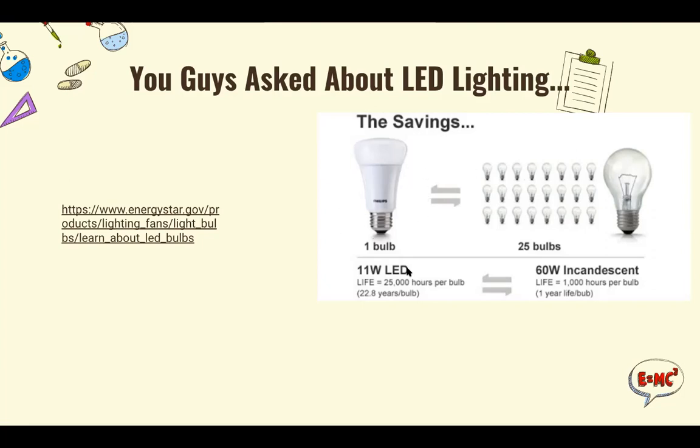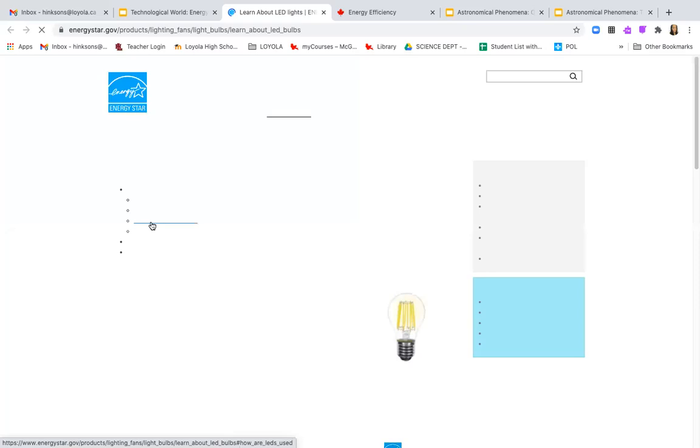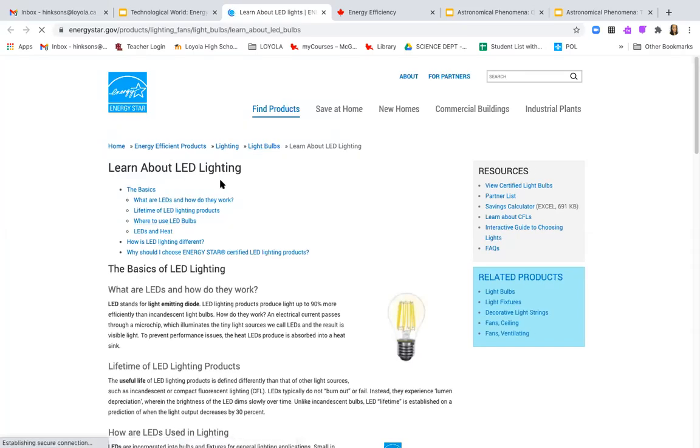So look at this: 11 watts is a lot lower power than 60 watts. That means that we have less energy consumption with the LED light bulb. This website too talks all about LED lighting and the fact that it's an Energy Star approved device.